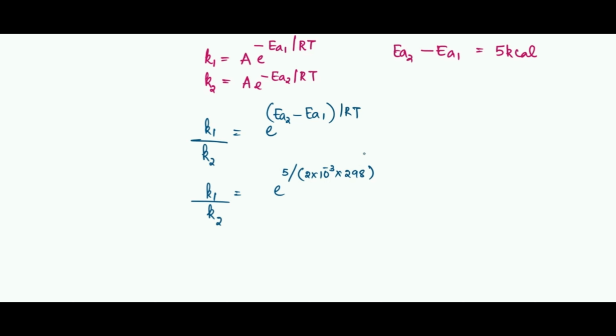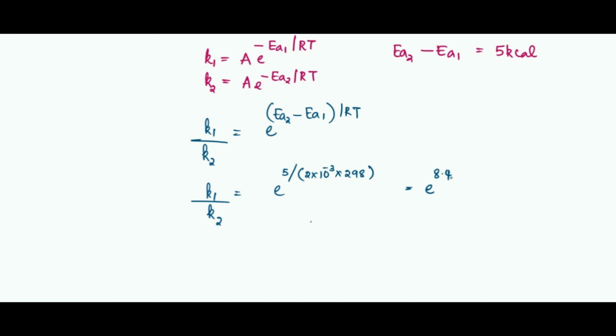Is it coming like this? Can you find the answer in the calculator? At the top, what I get is 5 divided by 1.98 into 10 to the power minus 3 into 298. I'm getting 8.47.